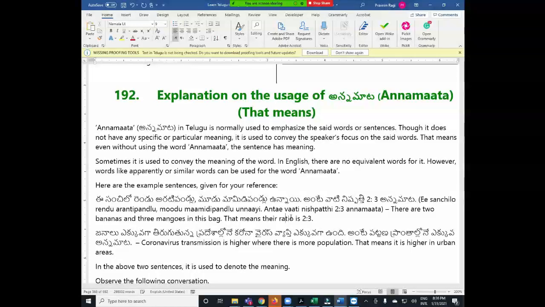We are using this annamata word to show the previously used sentence, like this is correct, that is the matter, like that. In those contexts we will see other examples also, so you will understand.